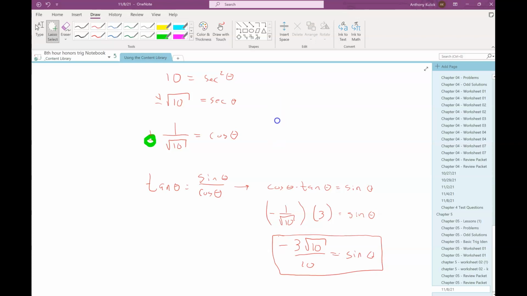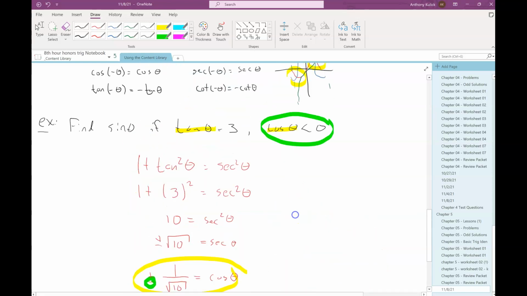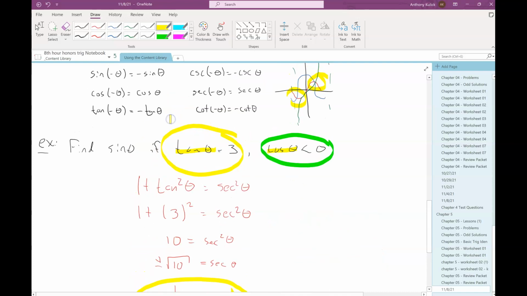Oh, well, if I want one thing that uses all three of the things that I know about, sine, cosine, and tangent, that's an identity that uses all three of those things. Because at this point I know cosine, I know tangent, I'm looking for sine. So I looked for something that had all three of those things in there. You good with that? Yeah.